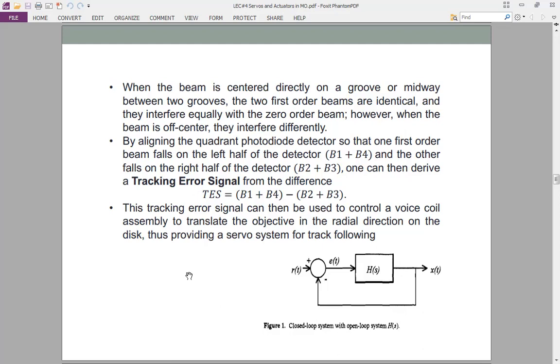Remember, for the focus servo, the actuator moves the objective lens upwards or downwards. For the tracking servo, the objective lens is moved along the radius because it simply means that the disc has moved away from the center. So the objective lens has to follow what the disc has done.